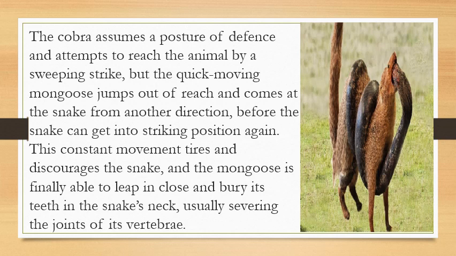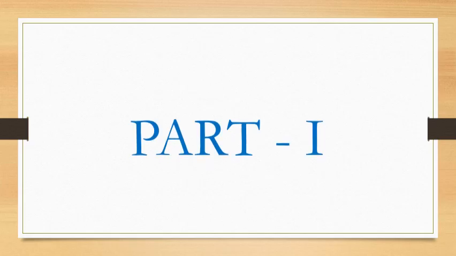So, have you seen a mongoose? You have read in lesson 9 that a mongoose can fight with and kill a snake, as you can see in the picture also. Let us read the chapter in detail to know about them. You must have seen a banyan tree.